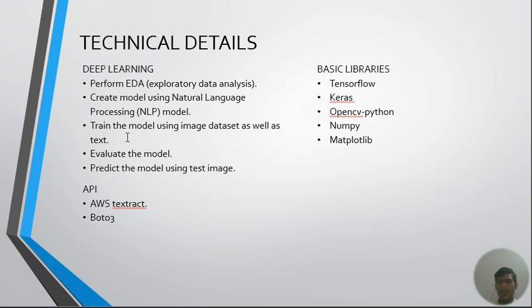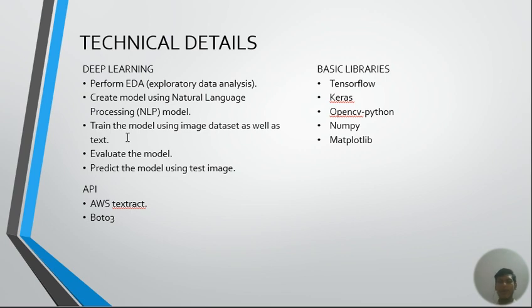I use these two APIs, and I use some basic libraries like TensorFlow, Keras, OpenCV, NumPy, and Matplotlib. Basically, these help to classify the memes. OpenCV is used to load images.